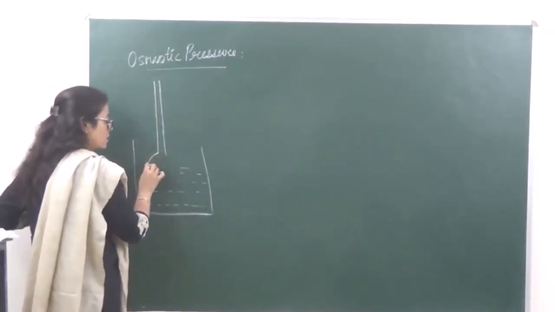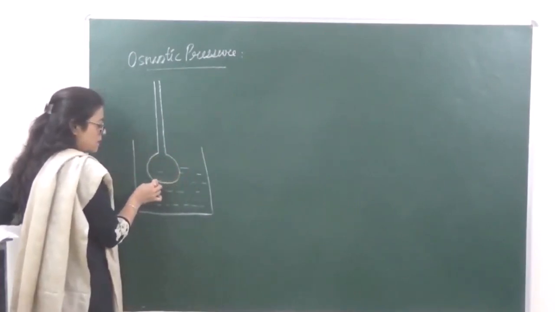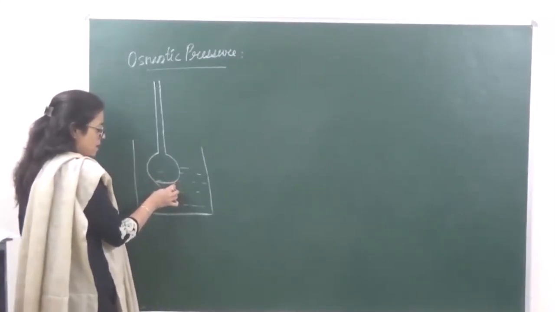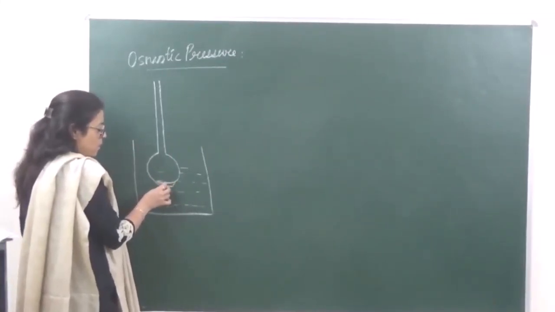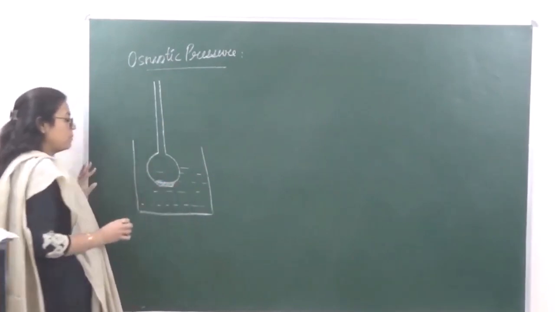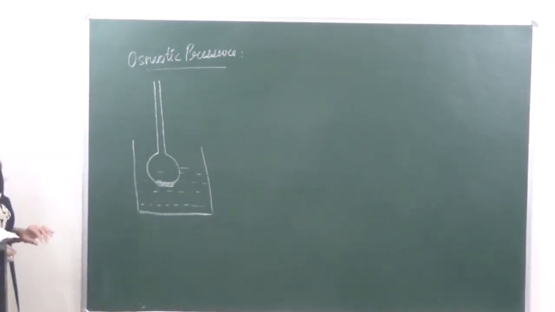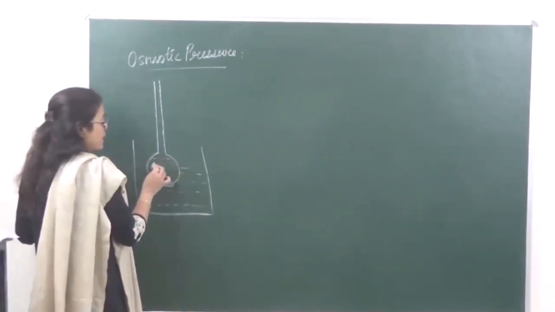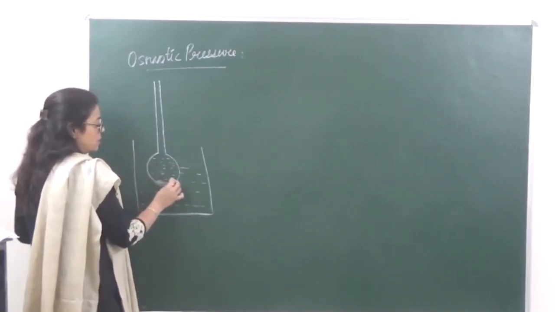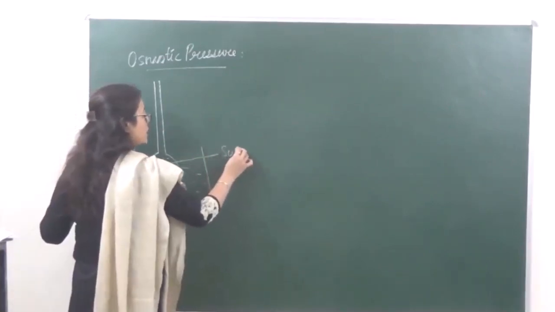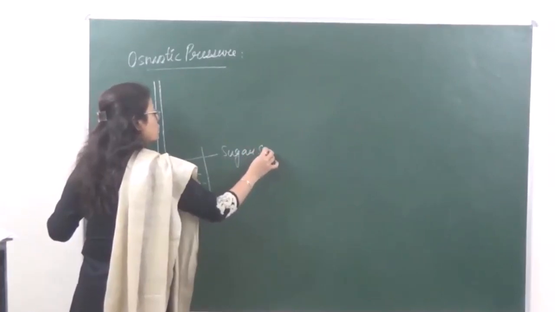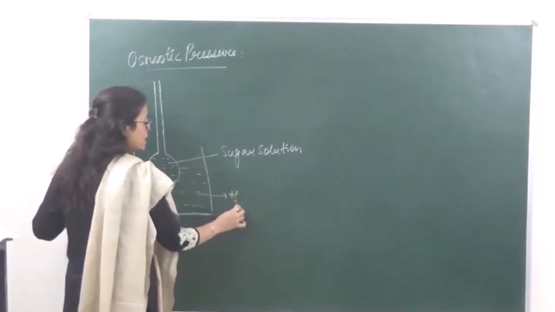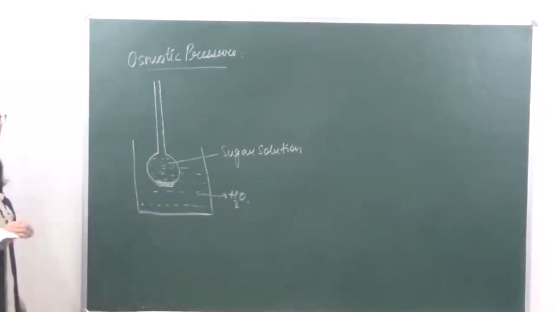This is a thistle funnel. And we tie a parchment membrane on the opening of the thistle funnel, right? Inside the thistle funnel, we are taking sugar solution, and here we are taking water, distilled water.